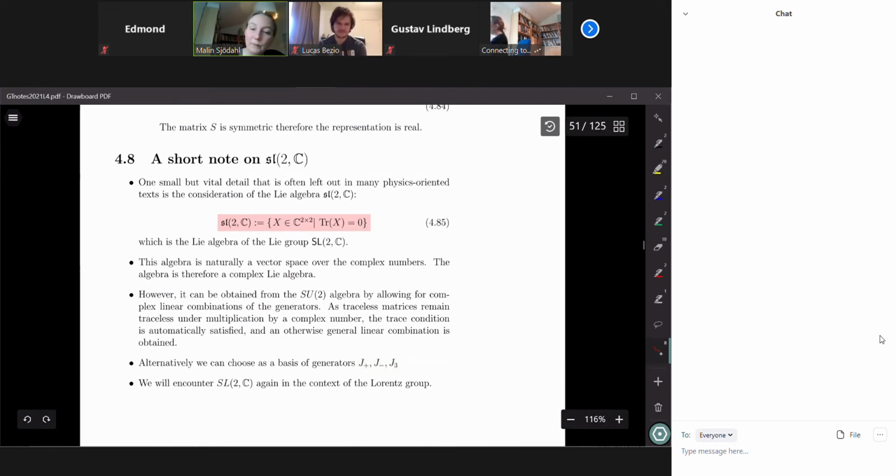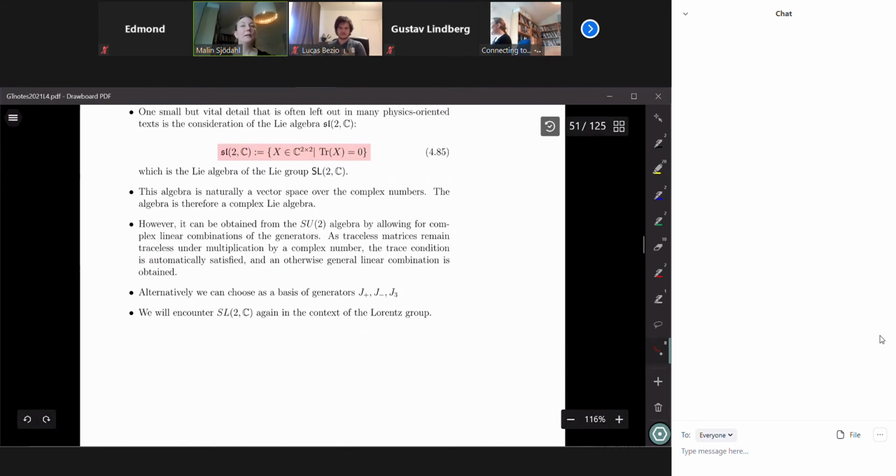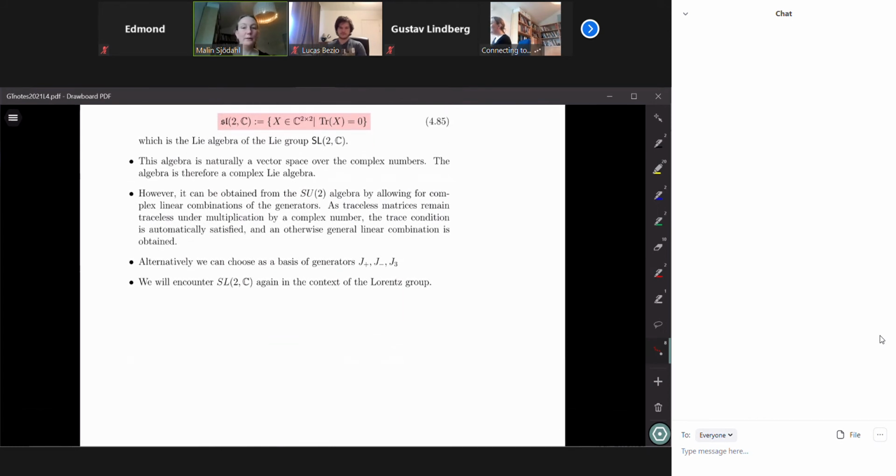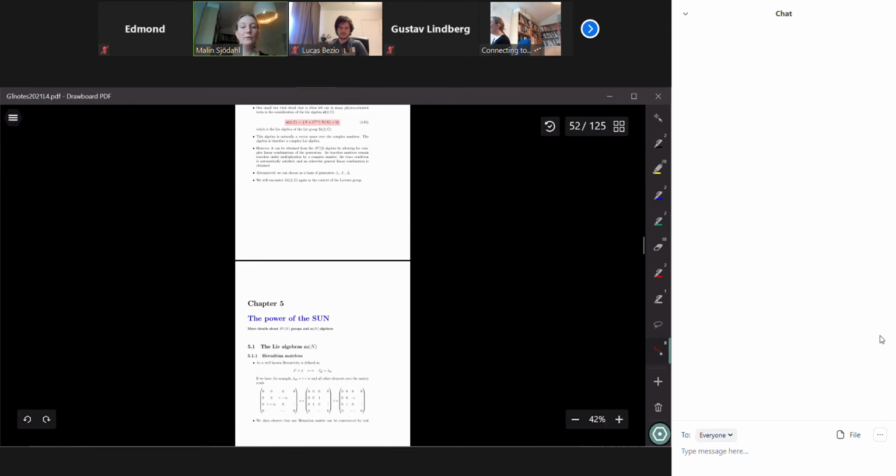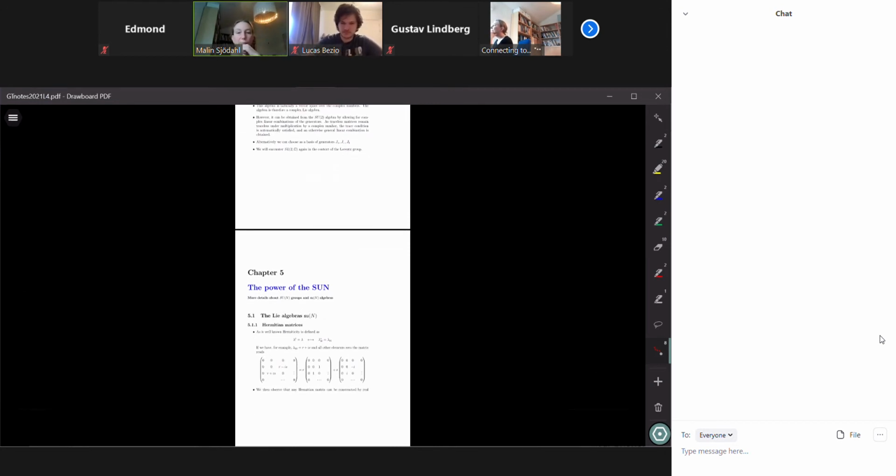So before, in the SU2 context, when we were introducing operators J plus, J minus, and J3, we could have viewed it as if we used the SL2C generators all the way along. So that concludes what I wanted to say about that. And it actually also concludes what I wanted to say about SU2. So let's see if we have any questions to that before we increase the dimension.